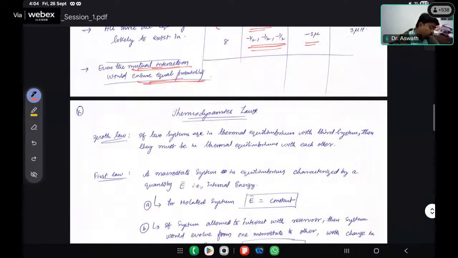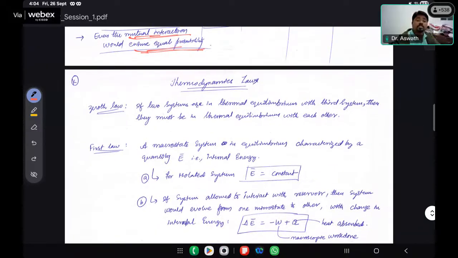Now, what does the thermodynamics law say? If two systems are in thermal equilibrium with a third system, then they must be in equilibrium with each other. What I mean is, let's say A and B are in equilibrium, and B and C are in equilibrium, which means A and C are in equilibrium.